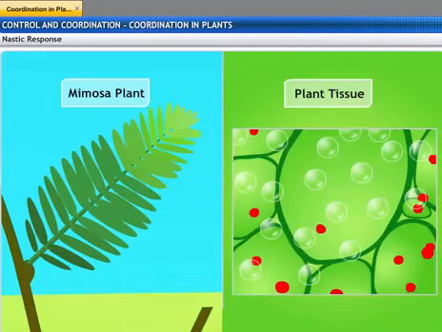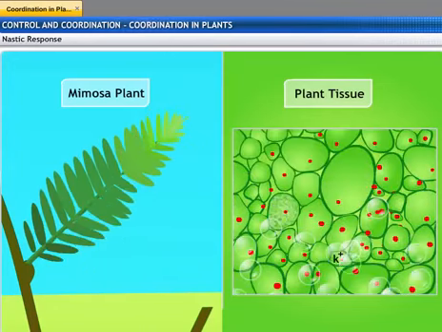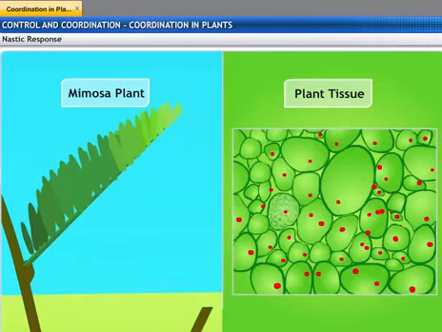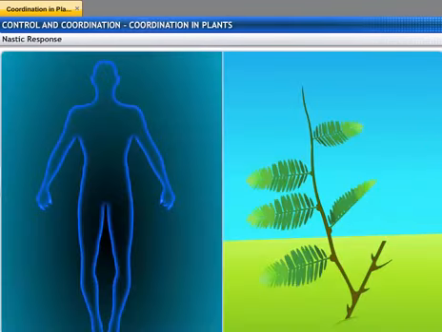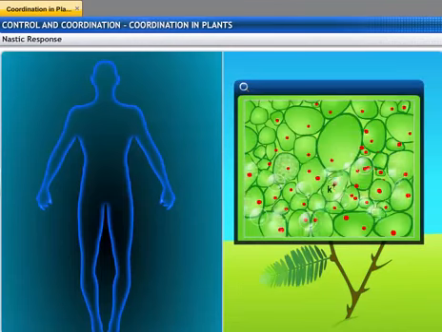Here is an example of the mimosa plant, where chemicals and movement of water in plant cells control the movement of leaves. This movement is independent of growth. Again, like animals, plant cells must change shape in order for movement to happen.